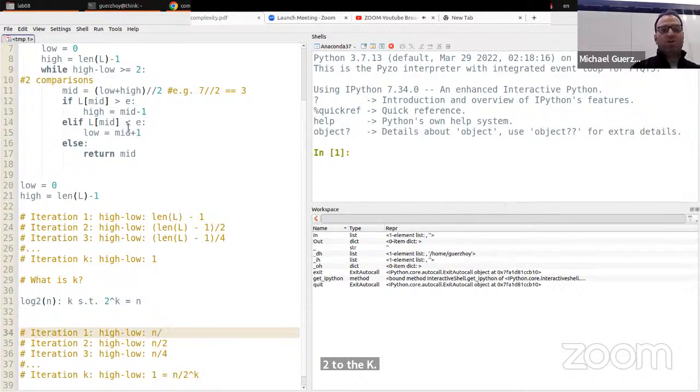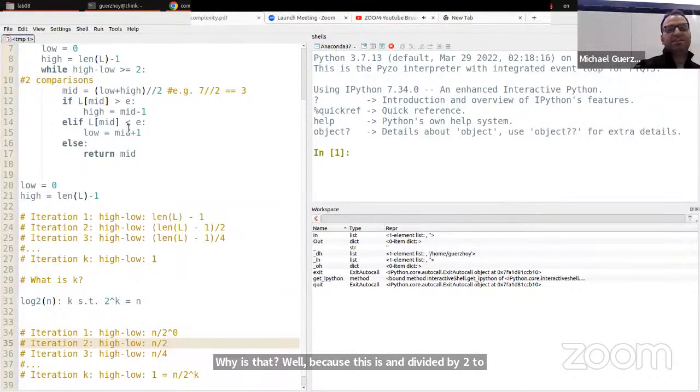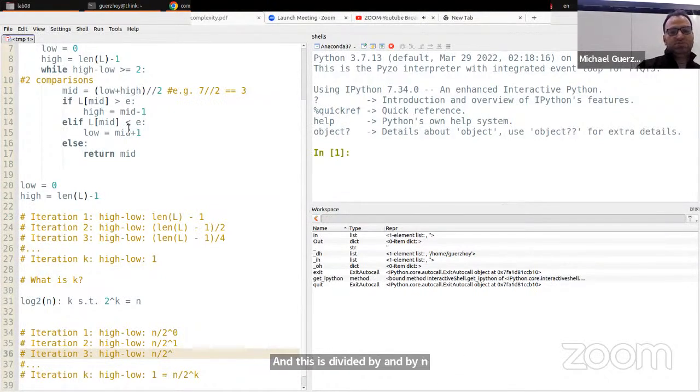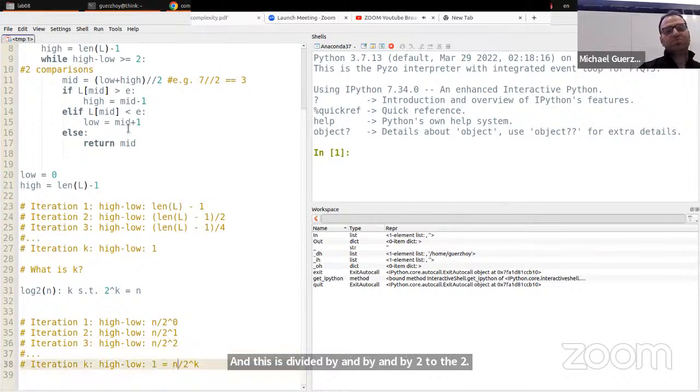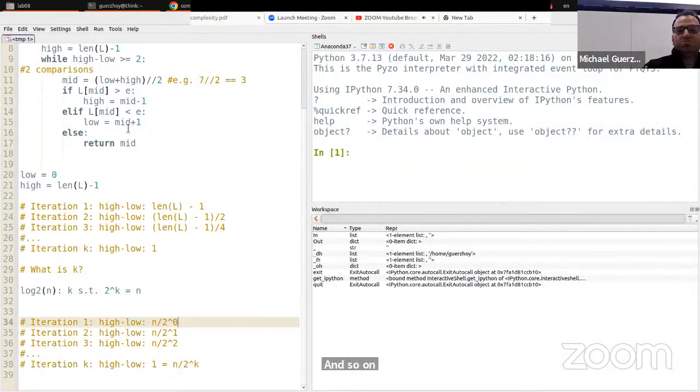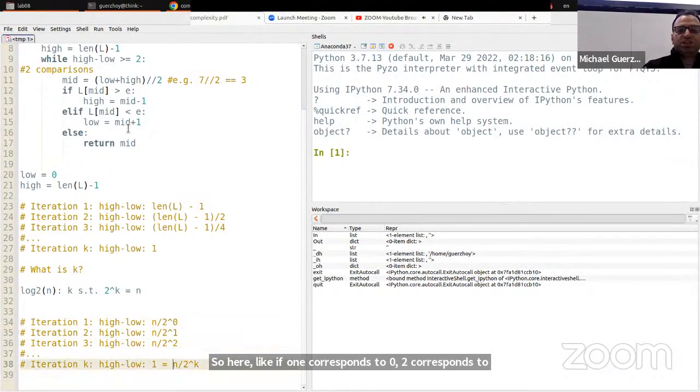Why is that? Because this is n divided by 2 to the 0, and this is n divided by 2 to the 1, and this is n divided by 2 to the 2, and so on. So here, 1 corresponds to 0, 2 corresponds to 1, 3 corresponds to 2. So here it's in fact 2 to the k minus 1.